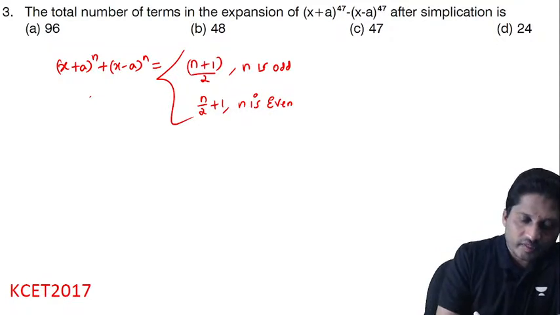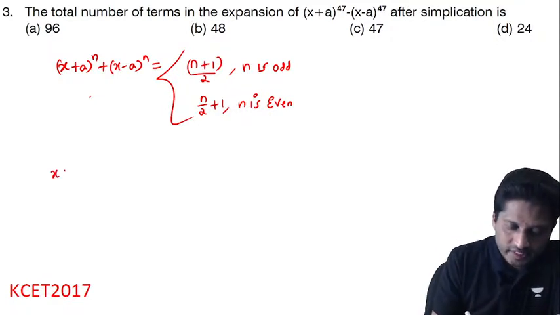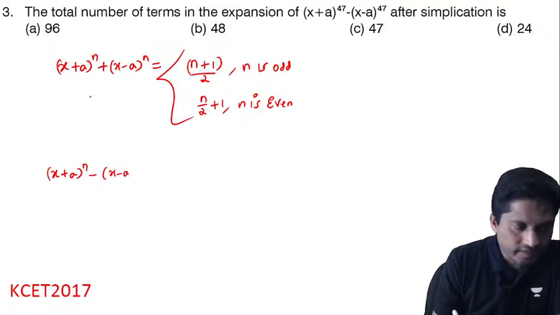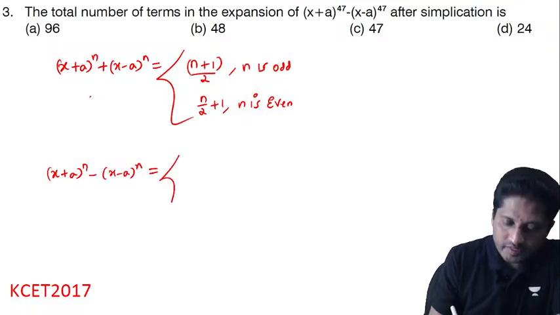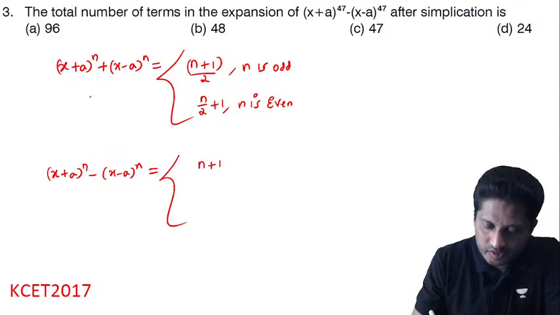This is case number 1. Now if you have (x plus a) power n minus (x minus a) power n, the number of terms will be (n plus 1) by 2 if n is odd, and only n by 2 if n is even.